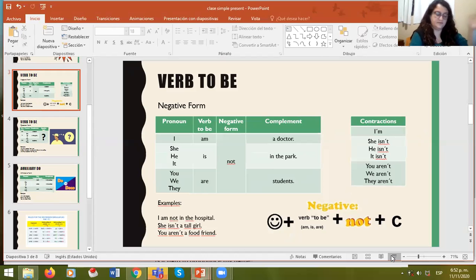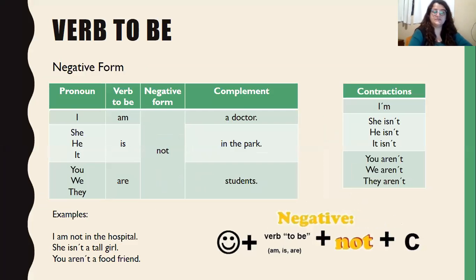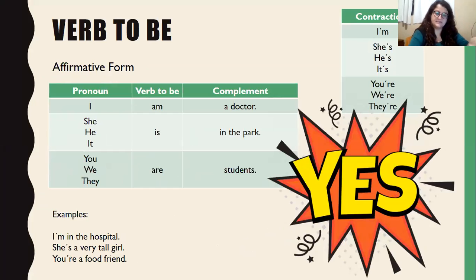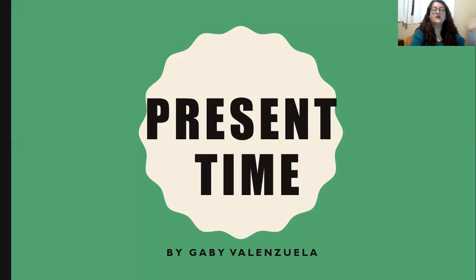So verb to be. So remember that when we talk about present time, we are talking about something that is an affirmative sentence. Okay, this is this way, and it is happening in the present. So we are gonna see right now the verb to be.